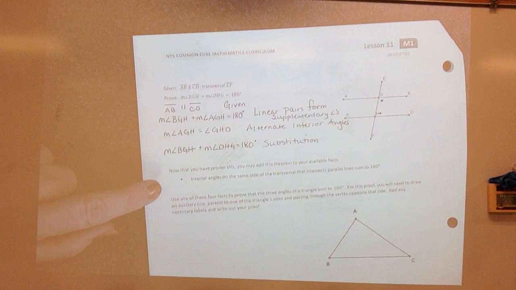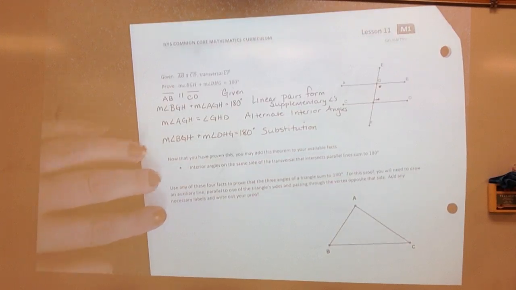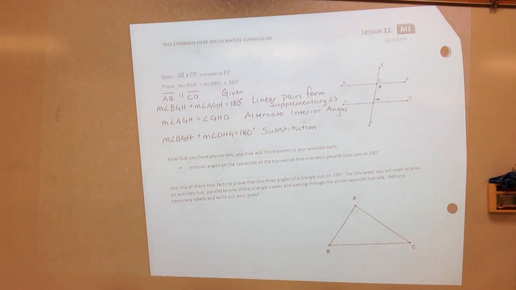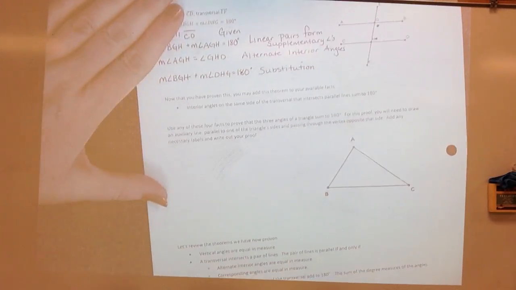Now that you have proven this, you may add this theorem to your available facts. Interior angles on the same side of a transversal that intersect parallel lines sum to 180 degrees. So we now have a new theorem. We now know that same side interior angles equal 180 degrees.